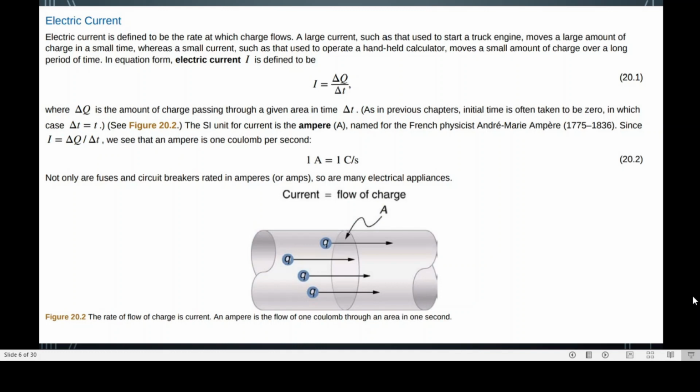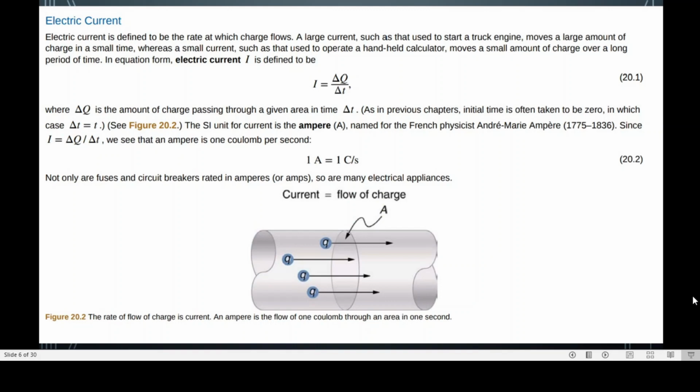The SI unit for current is the ampere. This unit is named for the French physicist Ampere. Since I equals delta Q by delta t, we see that an ampere is 1 coulomb per second.